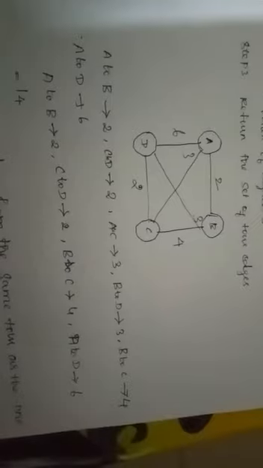When you are selecting the edges, that should not create a closed one. So first we take the smallest value, A to B, that is taken into account. Then the next with the same weight 2, that is CD, that is also considered.